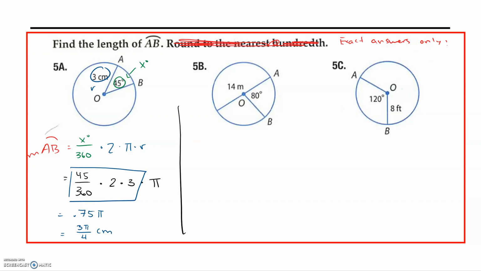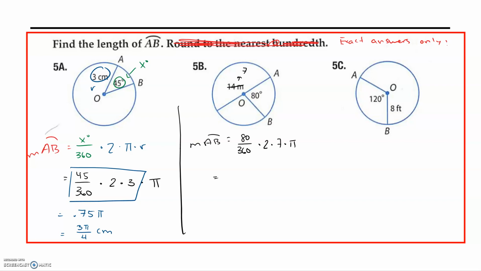The next one, solve for AB. They gave us diameter. We want radius, which is 7. So the measure of AB here is going to be 80 divided by 360 times 2 times 7 times pi. Exact answers only.